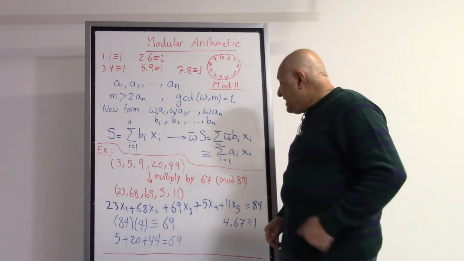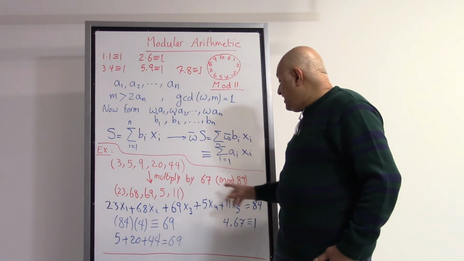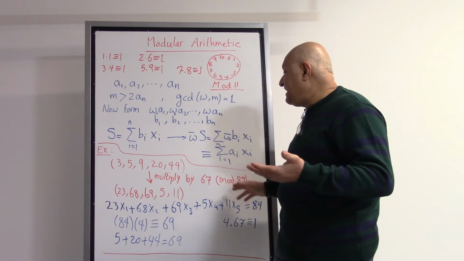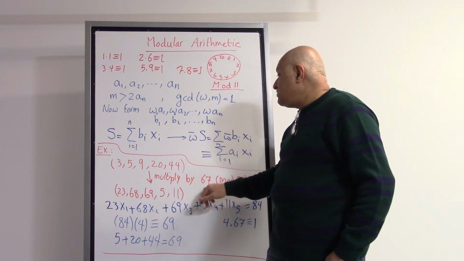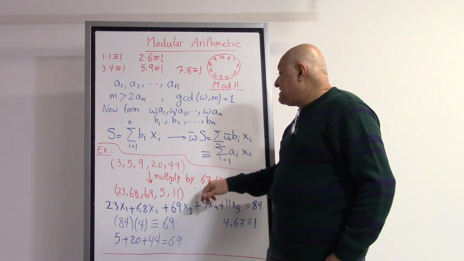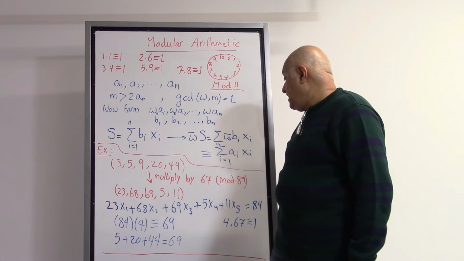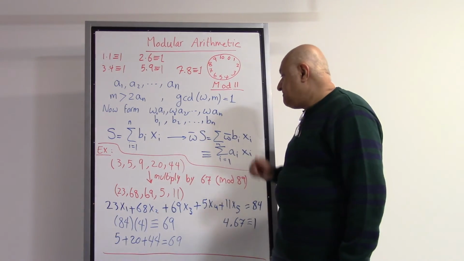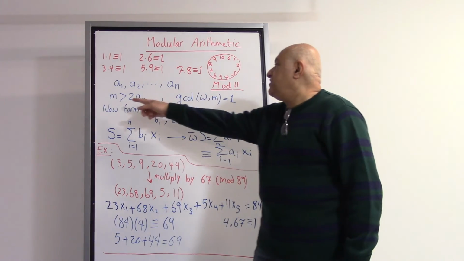But now, let's say you work mod 89. Let's say you choose mod 89, and a number, let's say 67. Look, 89 is bigger than 2 times this, as we mentioned here.